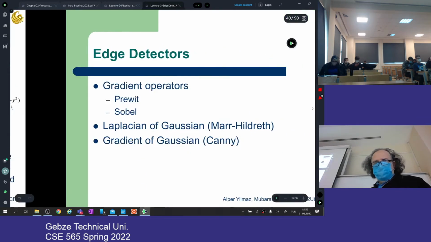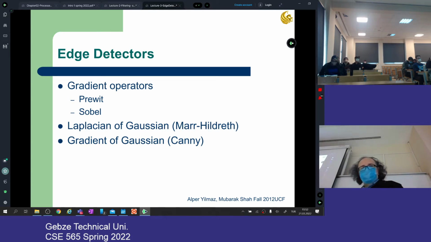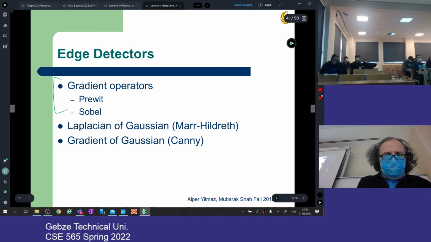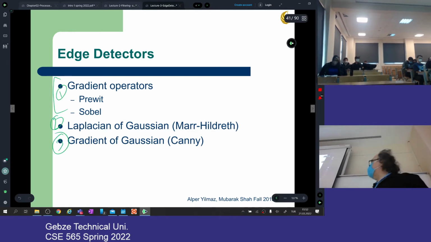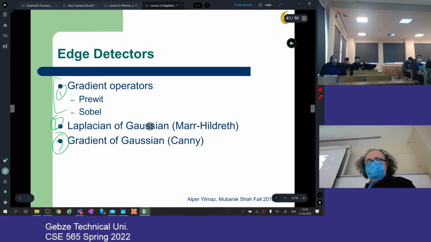So I'm going to skip this one, and let's go to the direct edge detectors actually. We are going to basically look at these three main classes of edge detectors. The second one is the one that you have suggested.